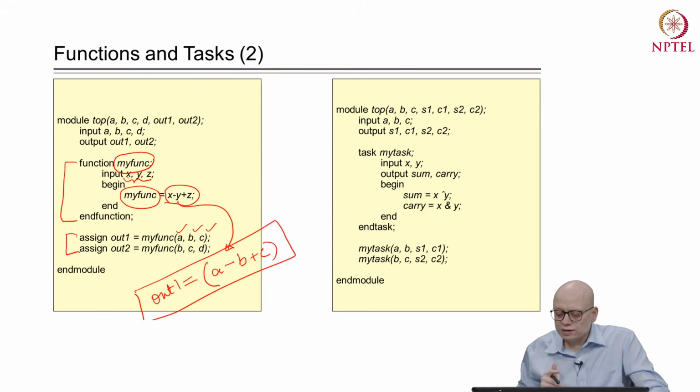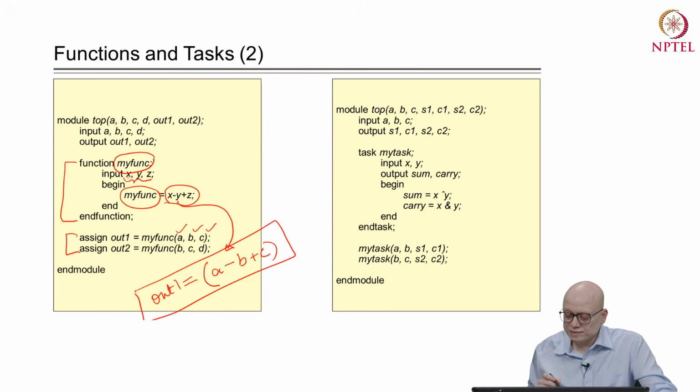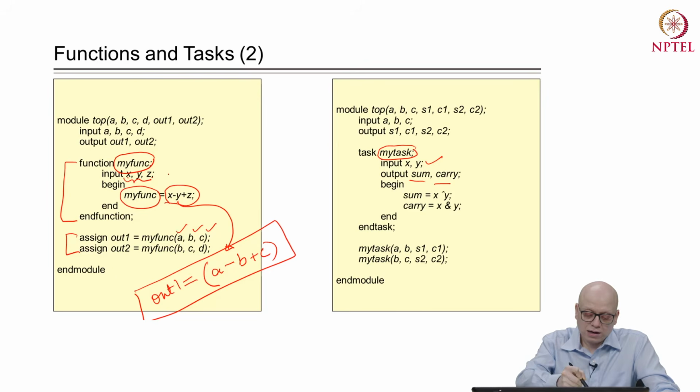Now, let us look into an example of a task. Here the task name is mytask, and the inputs are x and y, and there are 2 outputs. In the case of the function we had only one output.